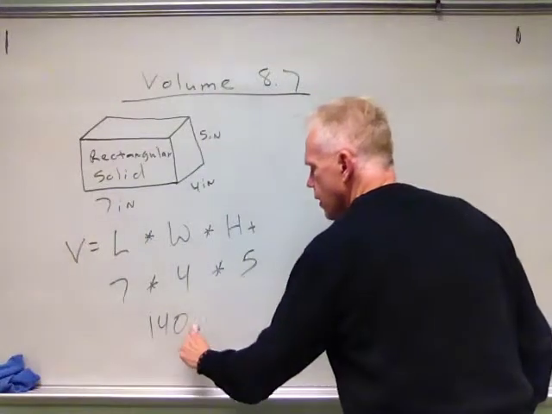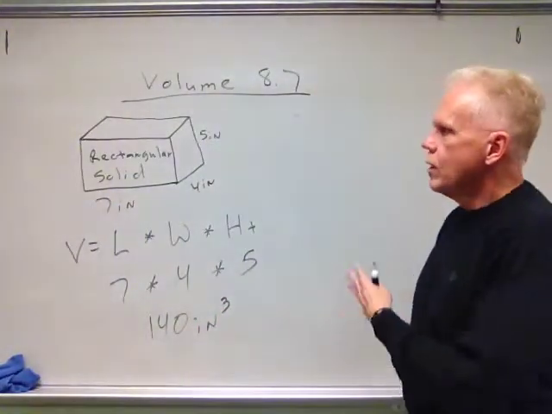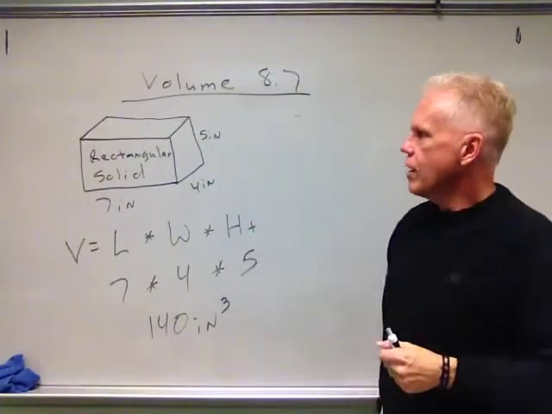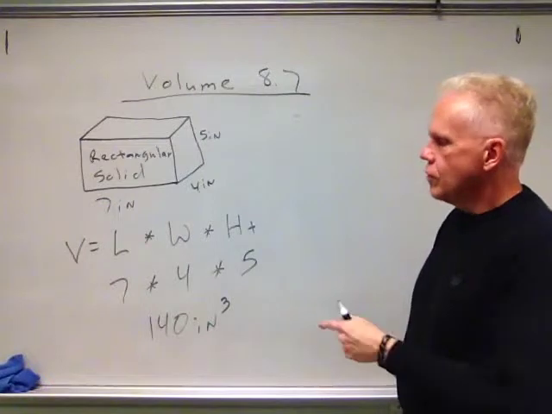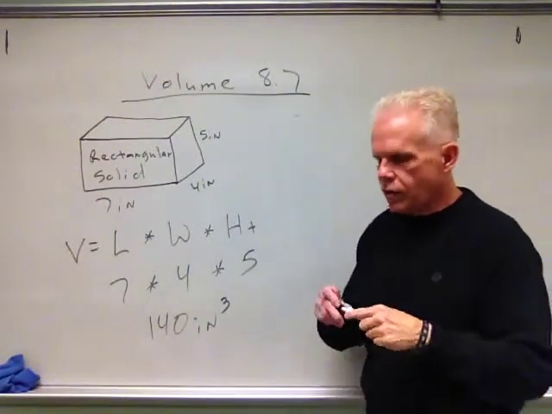Now our unit is cubic inches. Okay, so the volume of this rectangular solid, of this box, is 140 cubic inches. Okay, so that's a rectangular solid.